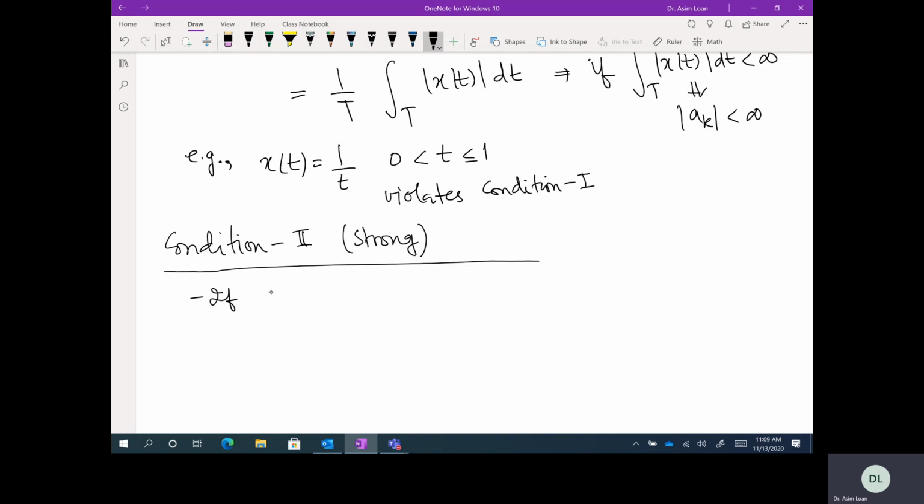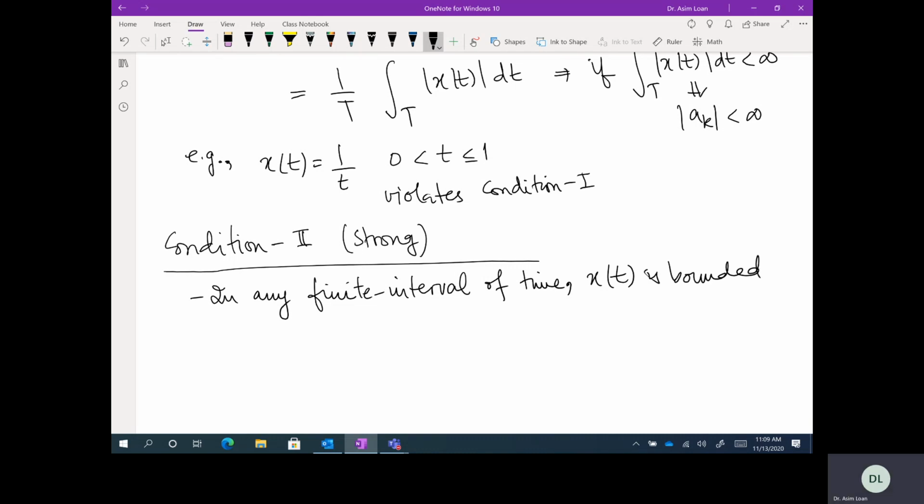Condition 2 says that in any finite interval of time, x of t is of bounded variation.